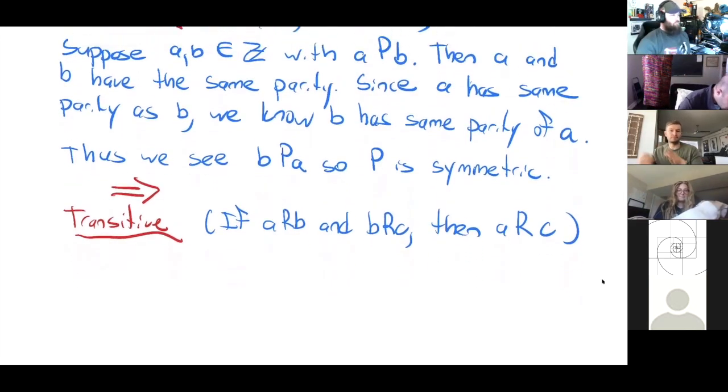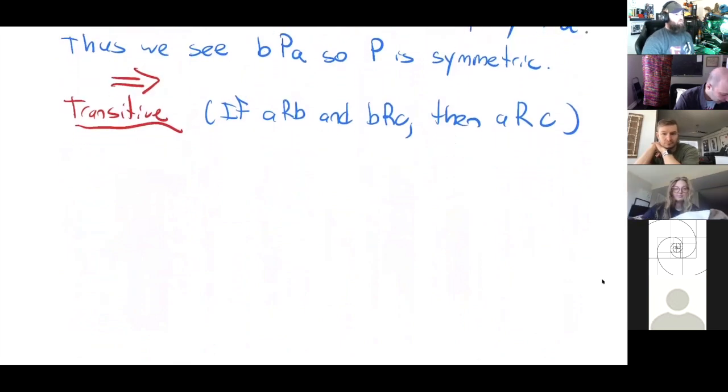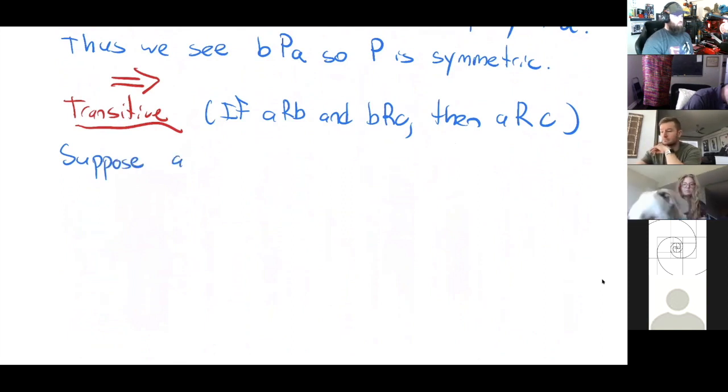Okay, so great. Then for the transitive property, again, it's an implication, but here we assume two relations, and we're going to try and show a third one. Okay, so here we can start by supposing now we've got three different things.